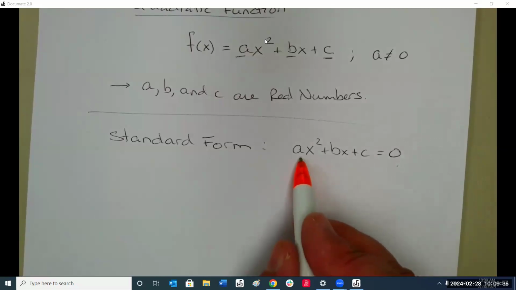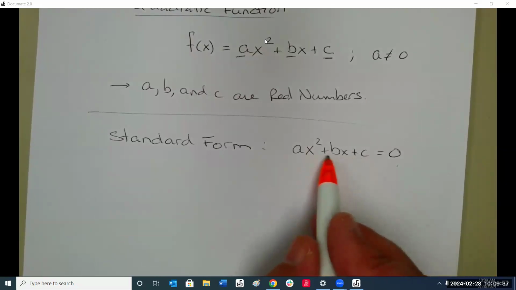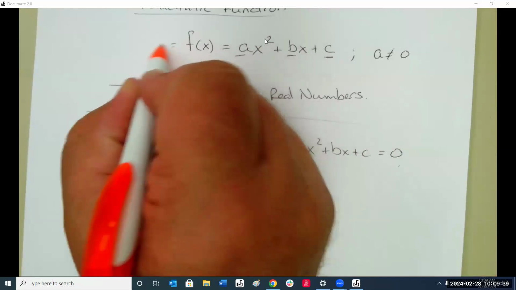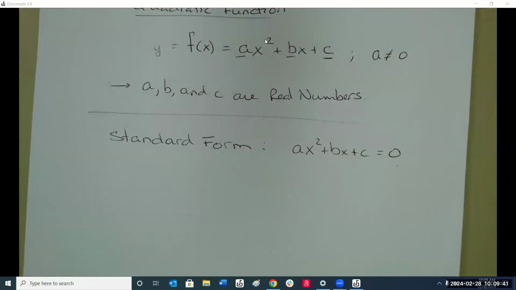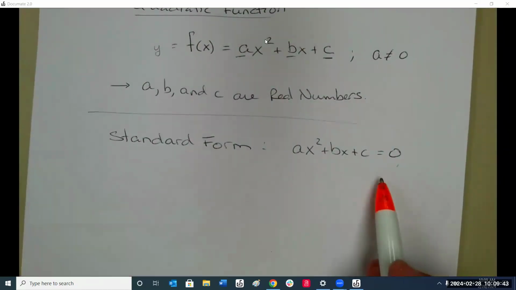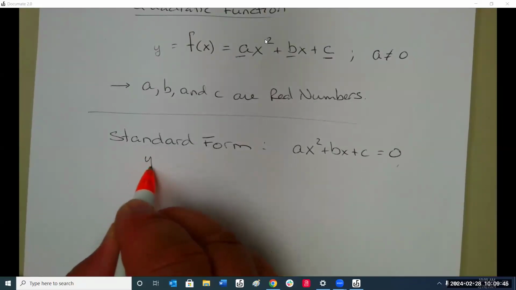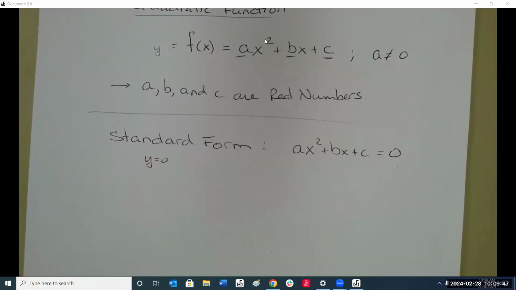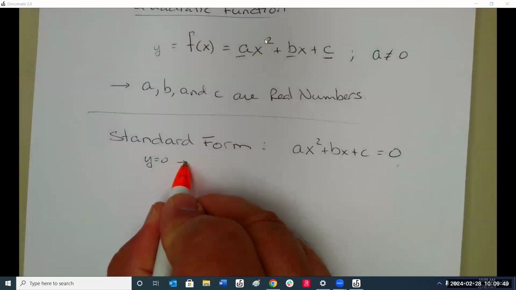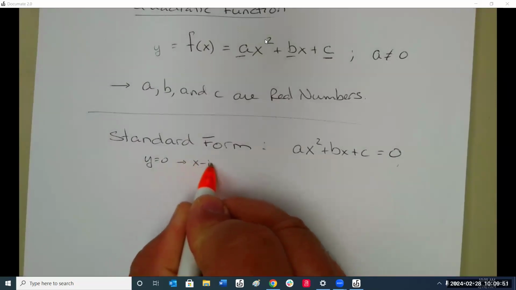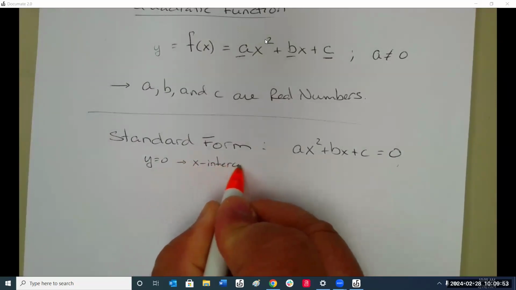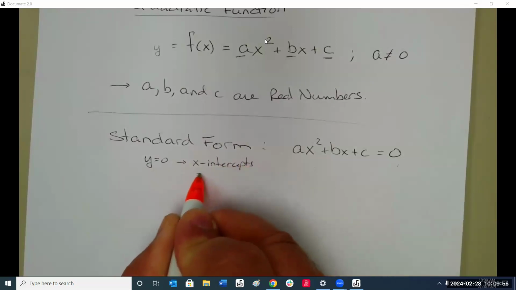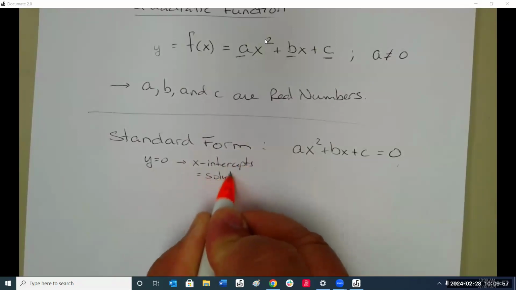Remember, this equation is the same as y. So when we put it in standard form, we're setting y equal to 0, which means we're looking for the x-intercepts, which is our solution.